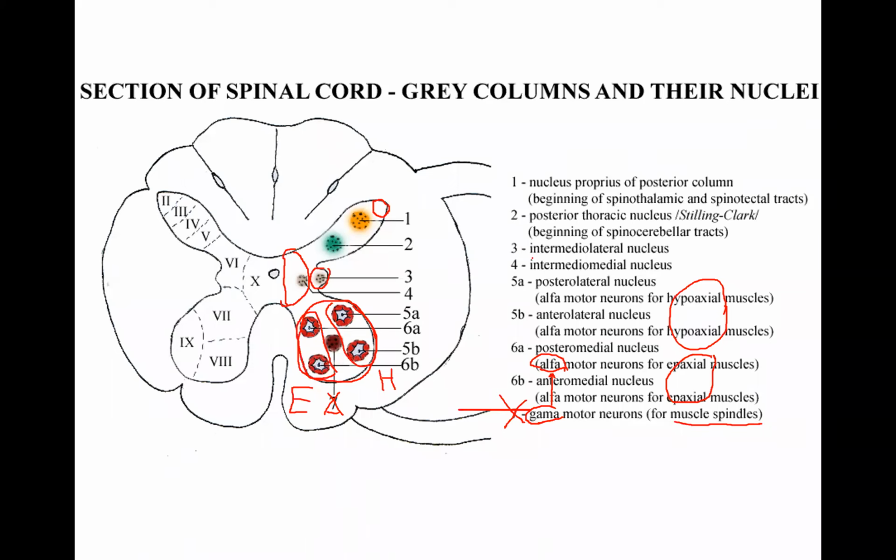The lateral horn contains the so-called intermediolateral nucleus, and it's an autonomic nucleus. And the autonomic nucleus can be sympathetic or parasympathetic. And you already know the levels. The sympathetic is C8 to L3 approximately. Parasympathetic is S2 to S4.